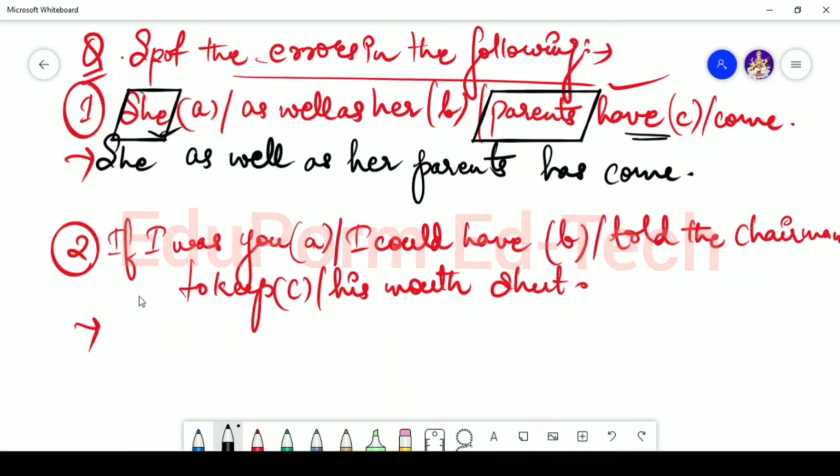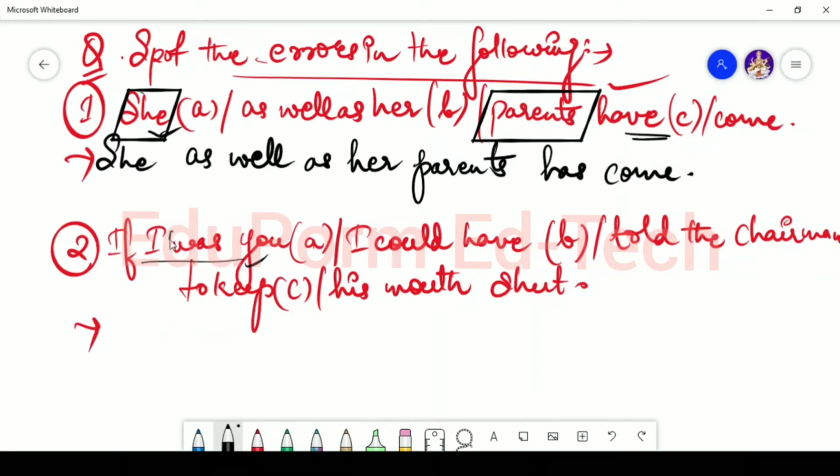Next question says that "if I was you, I could have told the chairman to keep his mouth shut." This sentence basically expresses an imaginary wish or a supposition. I'm saying that if I was instead of you, if I was at your place, in that case I could have told the chairman to keep his mouth shut.